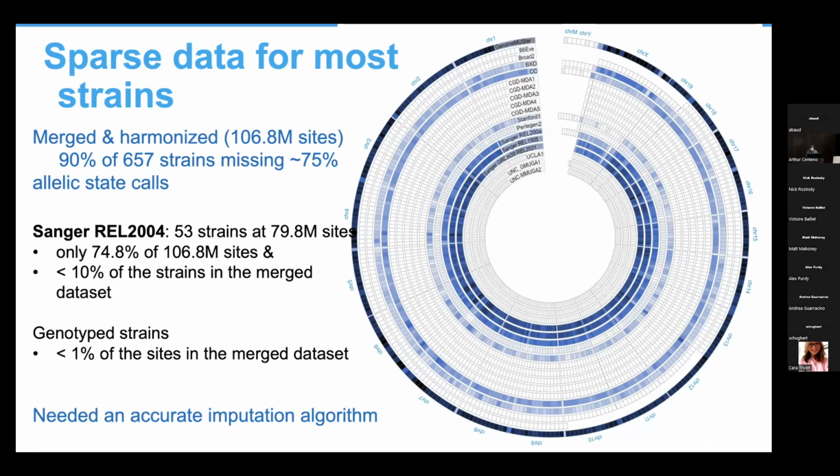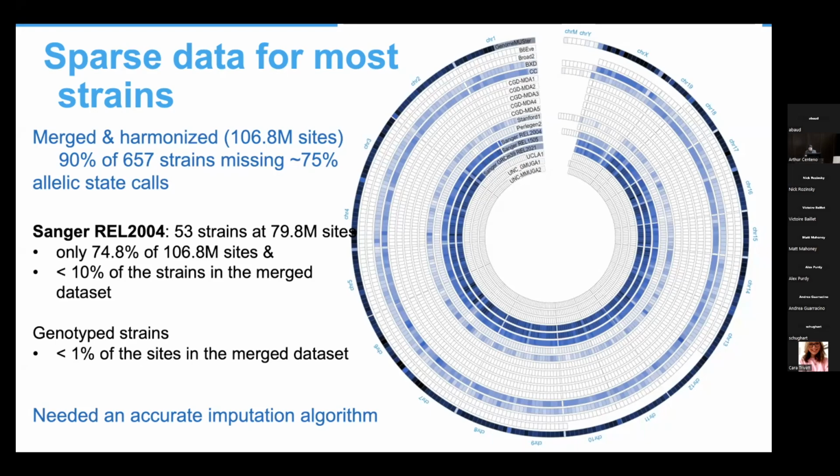So what's very evident here is that there are some data sets that have more dense data, but a lot of data sets that have very sparse data, as I was mentioning before. Even the largest data set that we have, which is the Sanger 2004 release, had about 80 million sites.